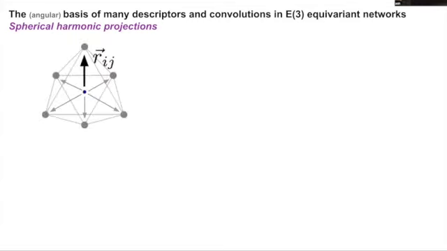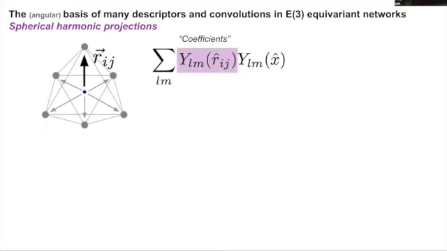So let's say I want to express this radial distance vector in spherical harmonics. I'm dealing with real spherical harmonics in this case. So what I do is basically a Fourier transform. I'm going to evaluate my spherical harmonics at this direction.